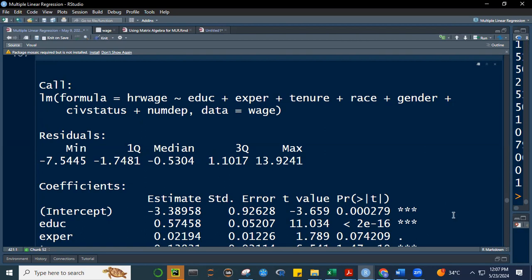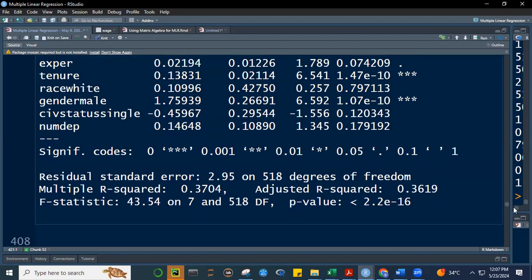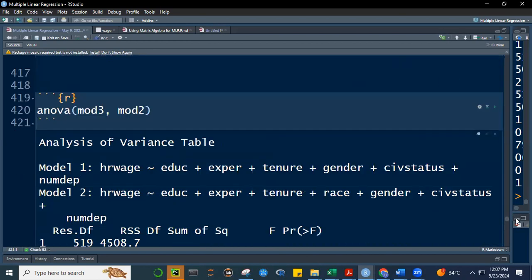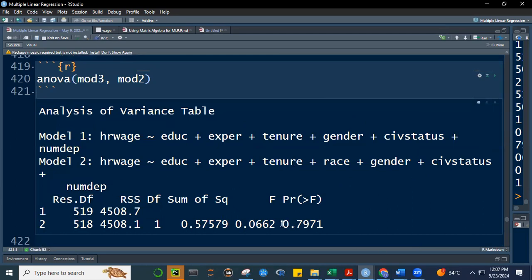Let me repeat this process. What happened when we ran the ANOVA here? The p-value is 0.79 or practically 0.8. So what's our conclusion there? Remember, when the p is low, the null must go. So if the p is not low, then we cannot let go of the null hypothesis. What's the null hypothesis?